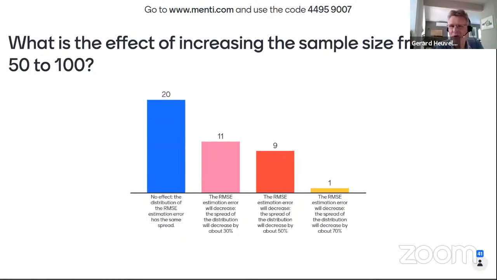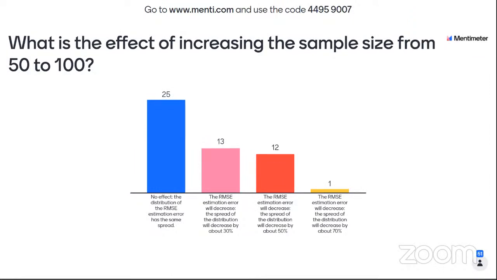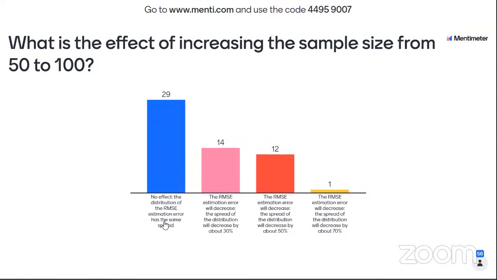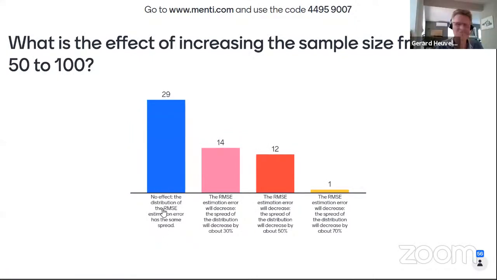I need to pay attention to the clock. Time goes fast. I'm seeing some skew distribution. Yeah. So the majority actually thinks there's no effect. Whether I take a sample of 50 points or 100 points, it just doesn't really make a difference in terms of how accurate that distribution of the sample RMS is.